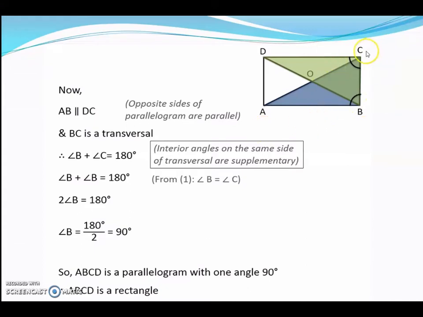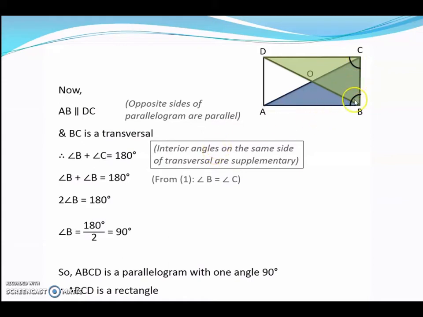And if you take BC as a transversal, these two angles B and C are interior angles on the same side of the transversal. So they must be supplementary. Angle B plus angle C is equal to 180 degrees.